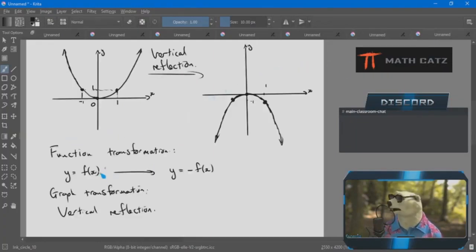When I take the right-hand side and multiply it by -1, it's again a vertical transformation. Different transformations, but it's all vertically done. When I take the right-hand side and do something to it, depending on what I do, something happens to the graph, but it's always vertical, which is why I want to help myself remember that by calling it a vertical reflection.